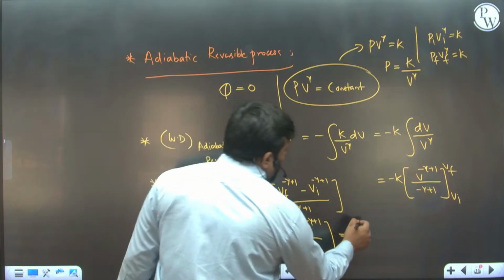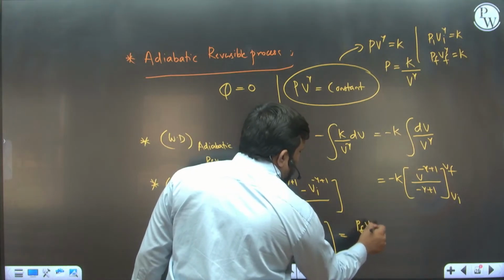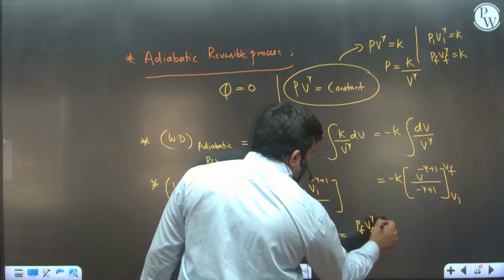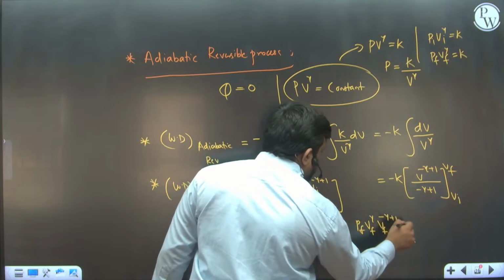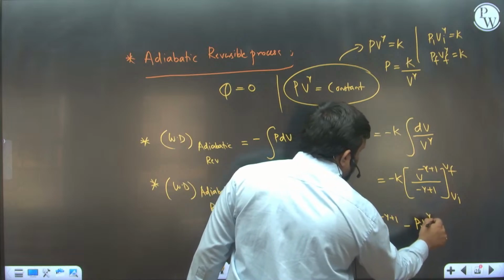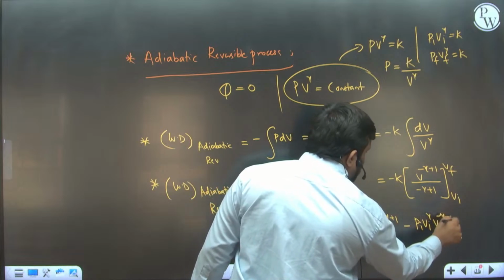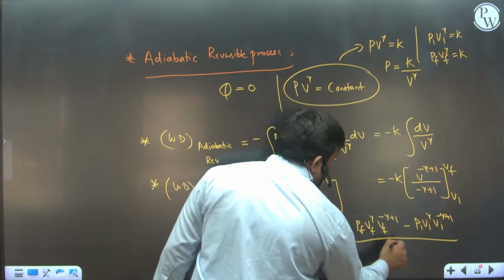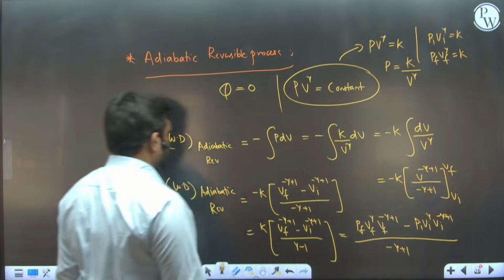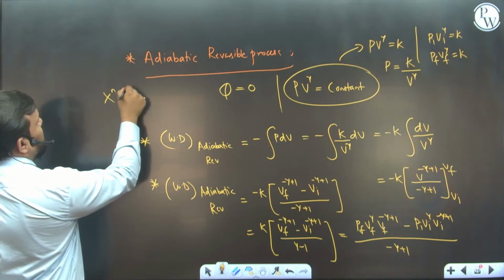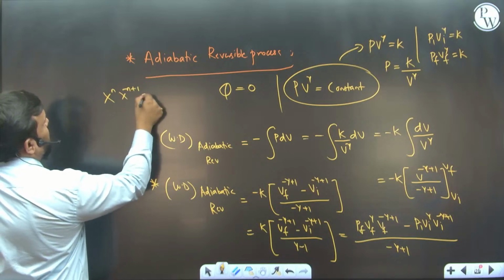So let us have P final V final power gamma into V final power minus gamma plus 1 minus P initial V initial power gamma into V initial power minus gamma plus 1, the whole divided by minus gamma plus 1. You already know this math, x power n into x power minus n plus 1 is equal to x.